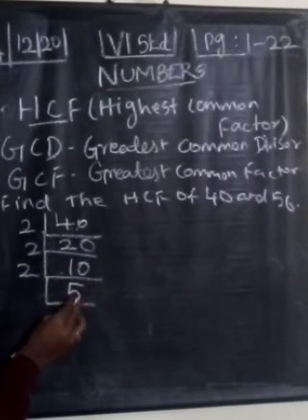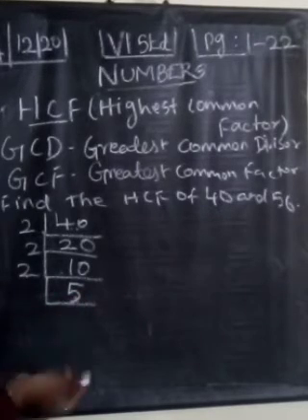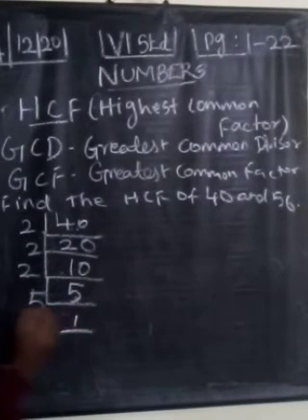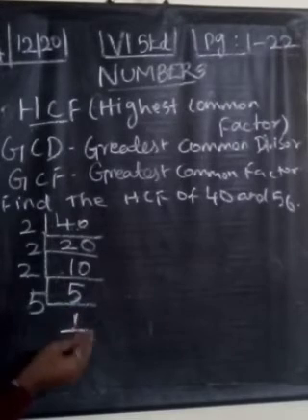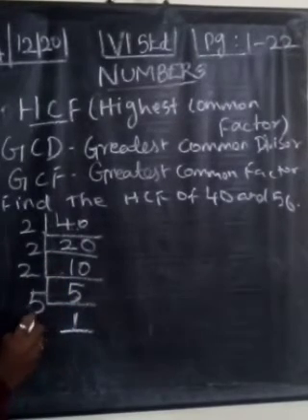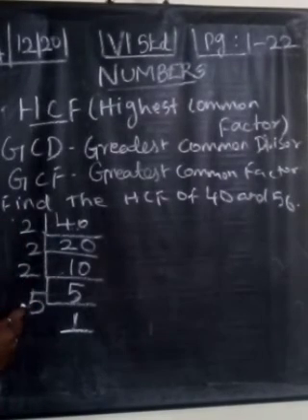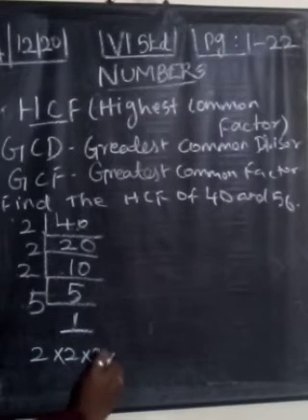But 5 is a prime number, so it is divisible by itself. So we get 5 by 5 equal to 1. So the prime factorization of 40 equal to 2 into 2 into 2 into 5.